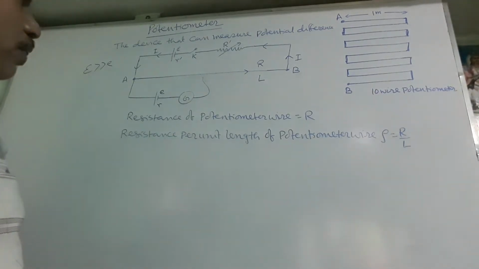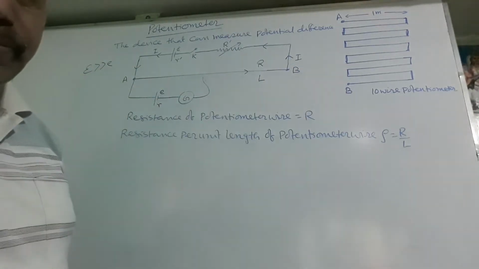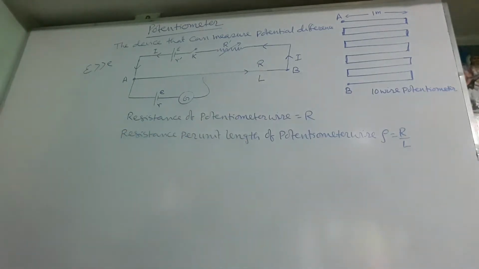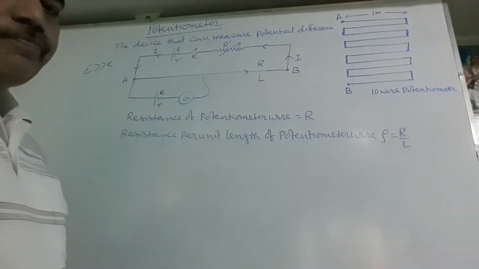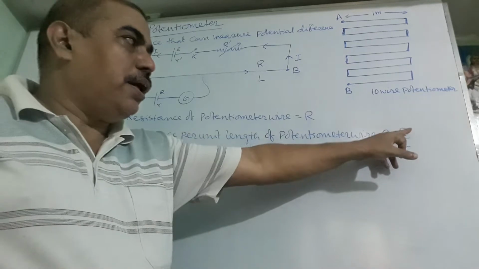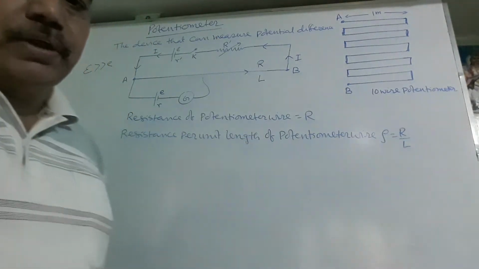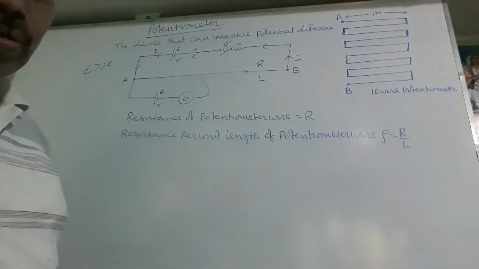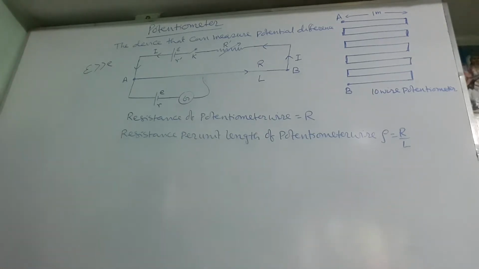So if we use 10 meters, that means nearly 40 ohm resistance. If we use 1 meter, 4 ohm resistance will come. So whatever the resistance R is, the resistance per unit length will be R over L. Sometimes rho will be given, and the unit of rho will be ohm per meter or ohm per centimeter.